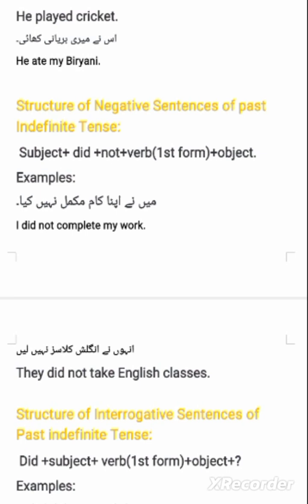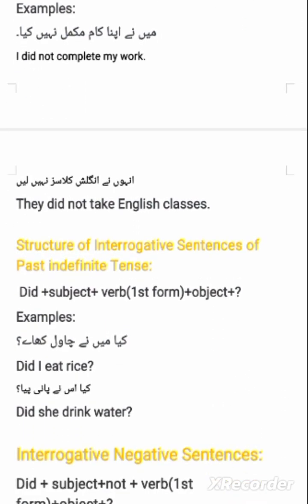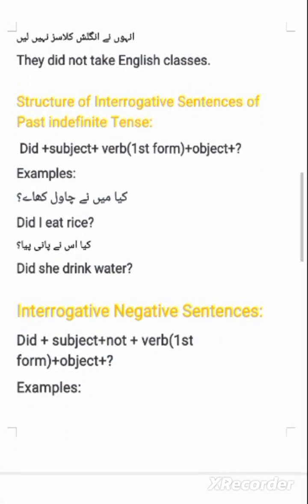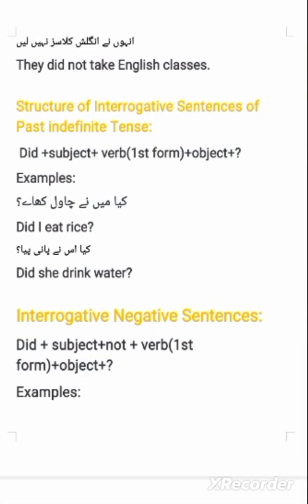As you can see, we just applied the structure or formula of the negative sentence, and you can make sentences by using the formulas. You just have to keep the formulas in your mind. What will be the structure of interrogative sentences of past indefinite tense?